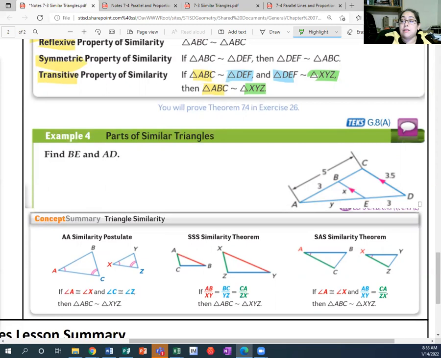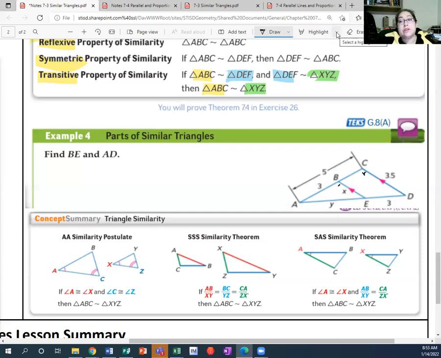I've got some parallel lines back from chapter, I think it was 3, with parallel lines and transversals. These corresponding angles are going to be congruent. So angle B and C are congruent. Okay, I know that my triangle ABE, the small one, is similar to ACD, the big one.